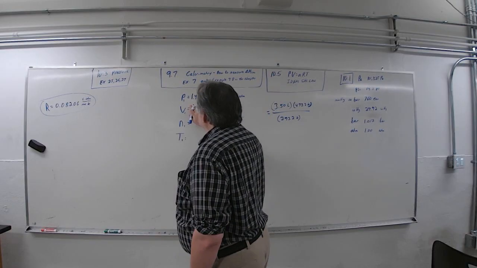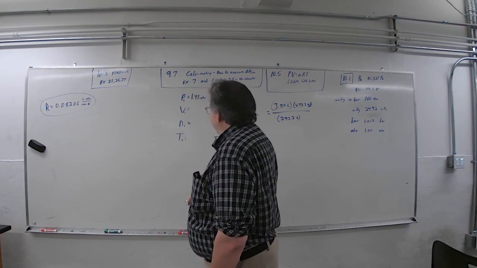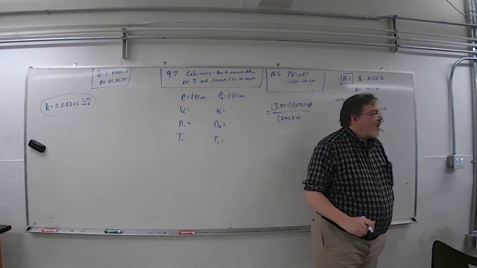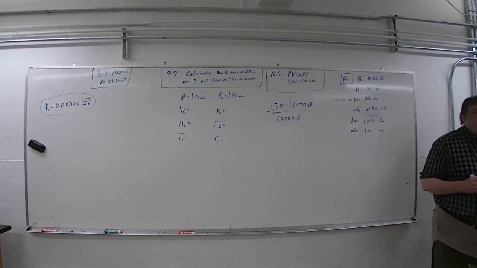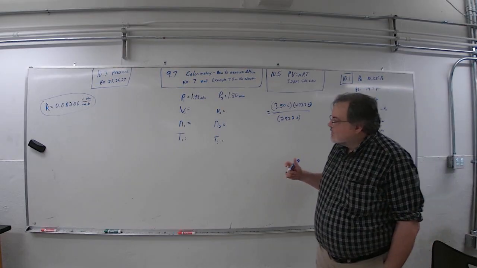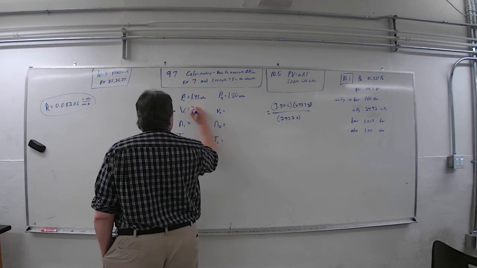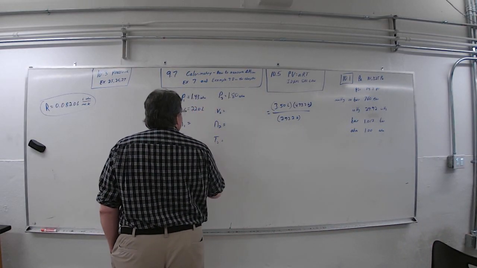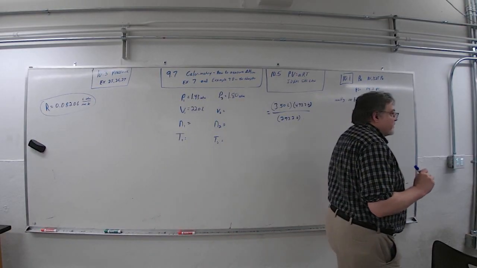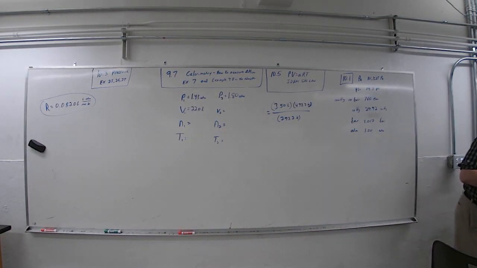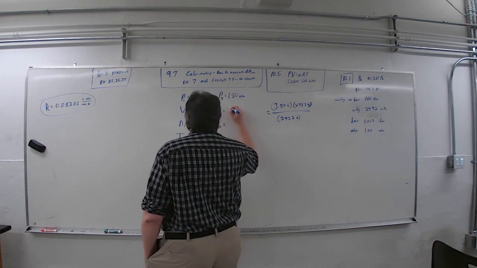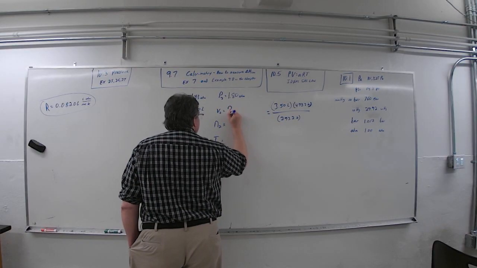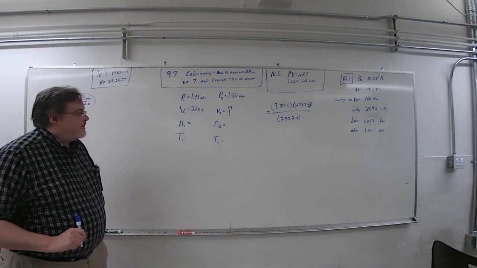What about volumes? What is volume 1? 22.0 liters. What is volume 2? Volume 2 is question mark. That's what we're looking for.